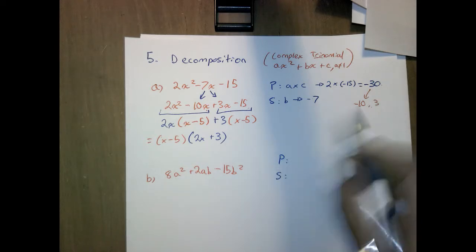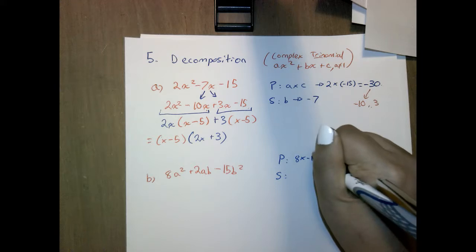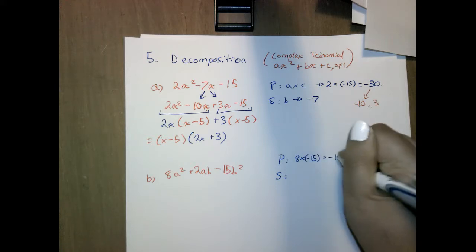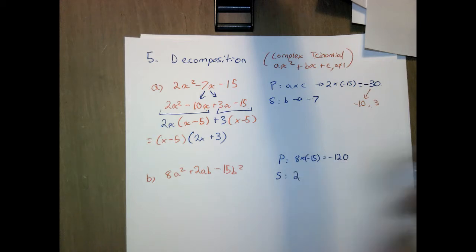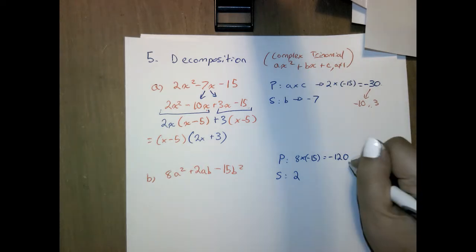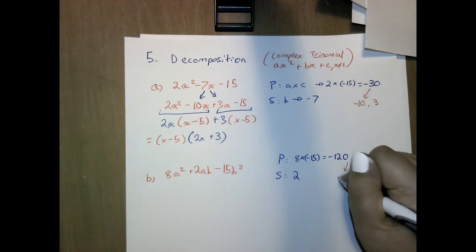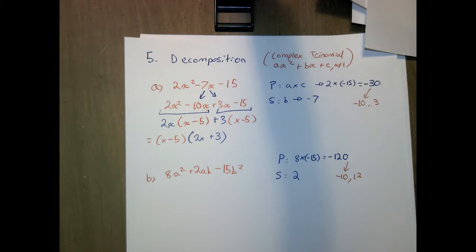So I need a product of 8 times negative 15, which is equal to negative 120. And I need a sum of positive 2. So I can go through all of my different factors, and I'll find that a combination of negative 10 and positive 12 will add to positive 2 and multiply to negative 120.